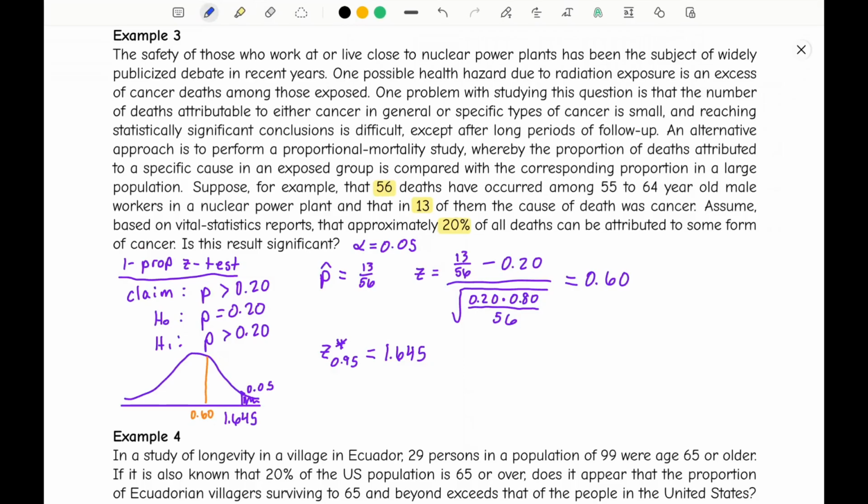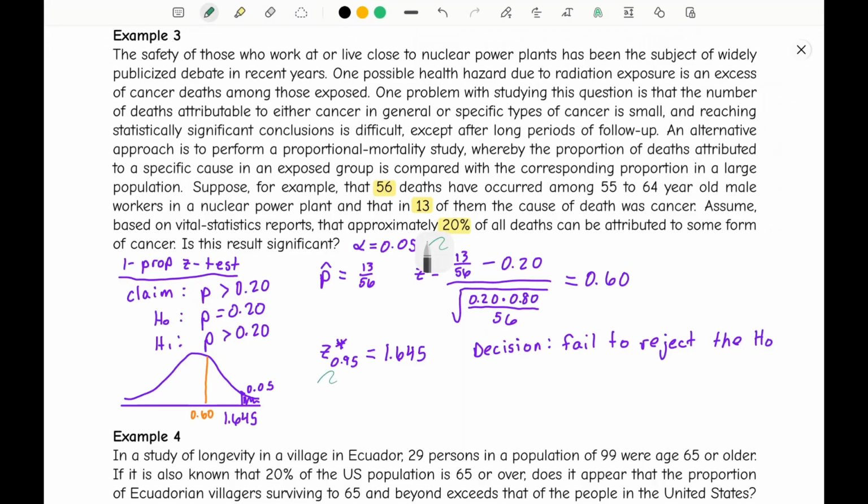So our decision is fail to reject the null.